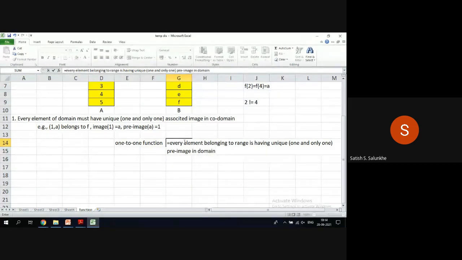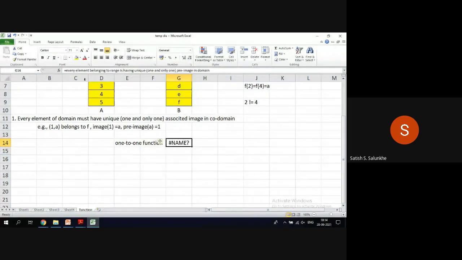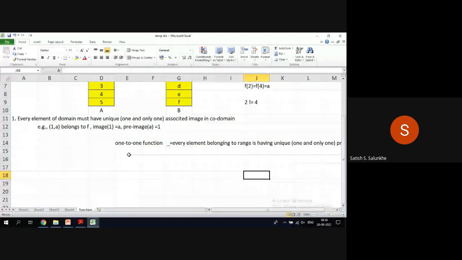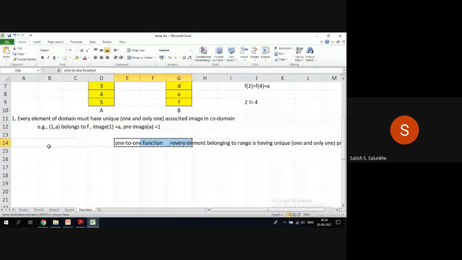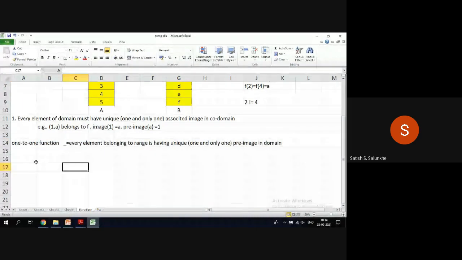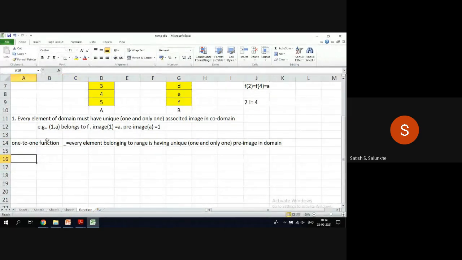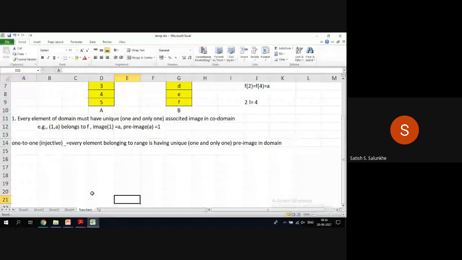That's it. And a one-to-one function is also called an injective function.